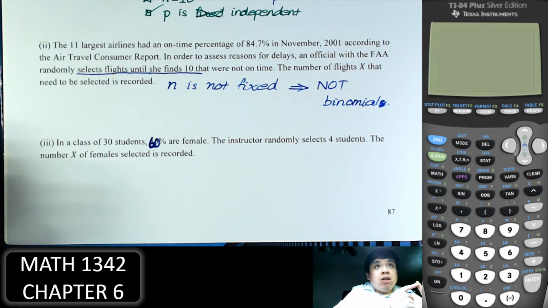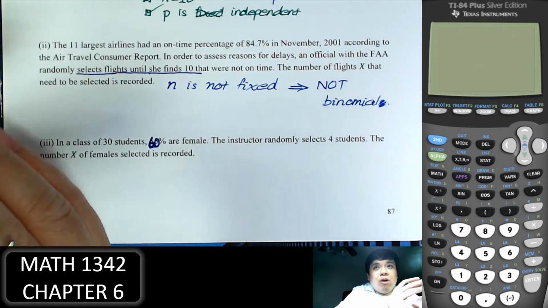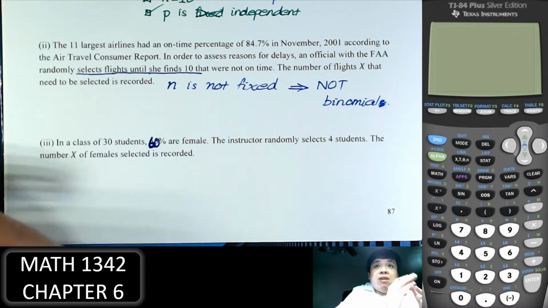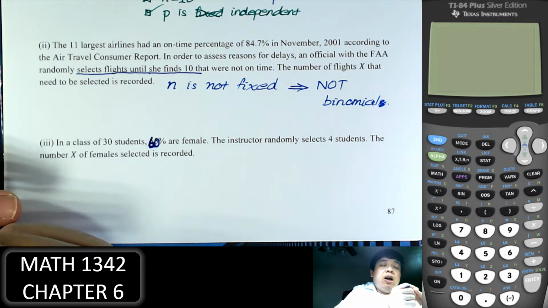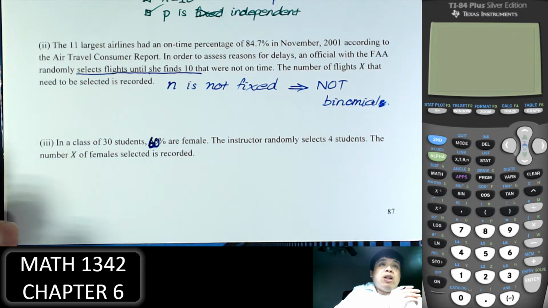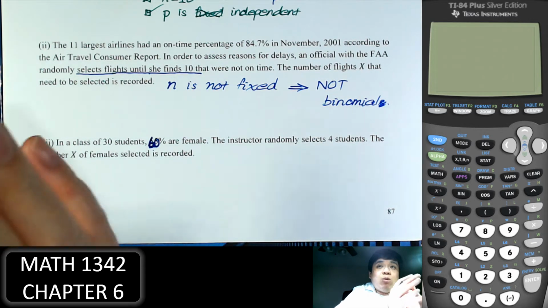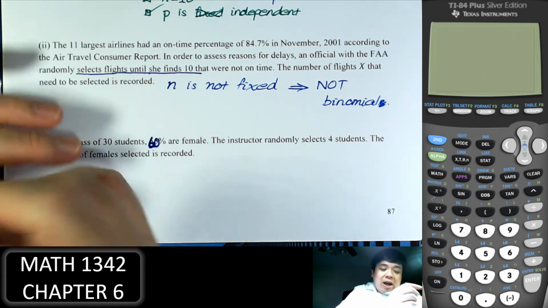After the first person, the second person heavily depends on that. So if the first one is female, we have 17 out of 29 of getting a female for the second one. If the first one is male, then we have 18 out of 29. So that is not independent.